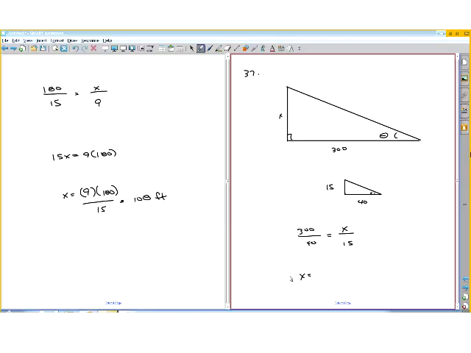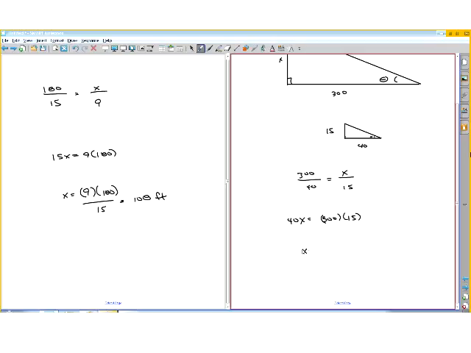So we solve for x, we get 40x is equal to 300 times 15, or x is 300 times 15 divided by 40. So 15 divided by 40 is a fraction. It's less than 1. So 300 times 15 divided by 40 is 112.5. So that would be the height of the taller building.